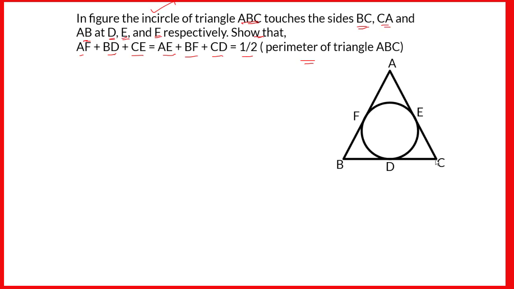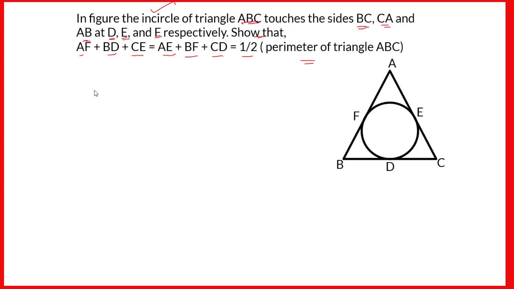Similarly, C is the exterior point of this circle, and therefore CE and CD are the tangents drawn from the exterior point, and these 2 tangents will be equal. Similarly, AF and AE are also equal because the tangents drawn from the exterior point of the circle are always equal.